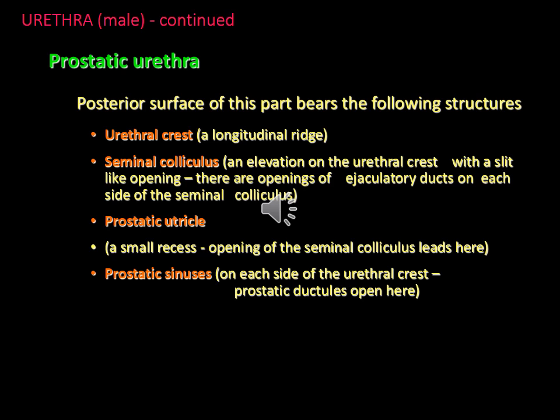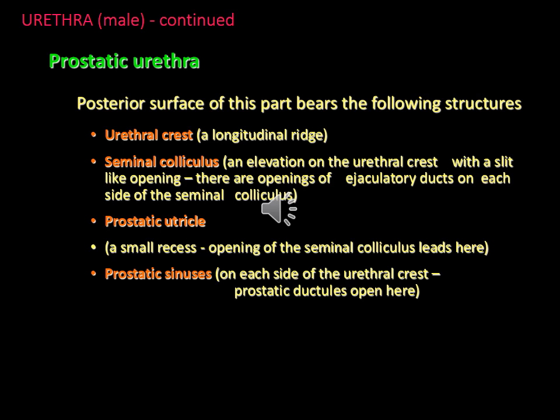So that is why the urethra serves as a dual passage for urine as well as the gametes or the sperms. This is a reflection of the urogenital system, uro and genital.